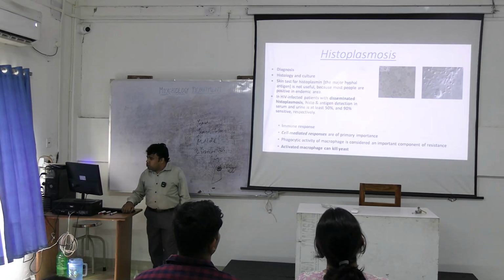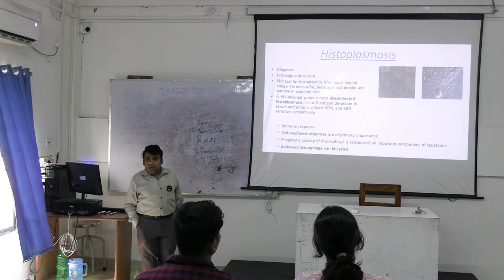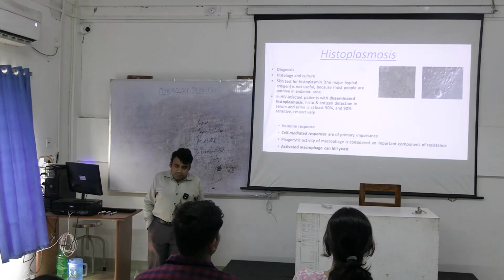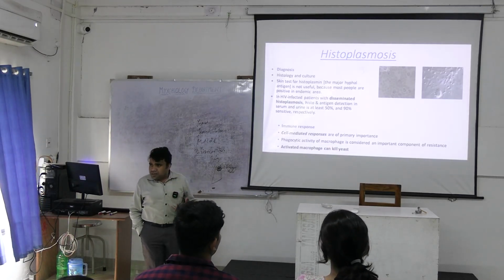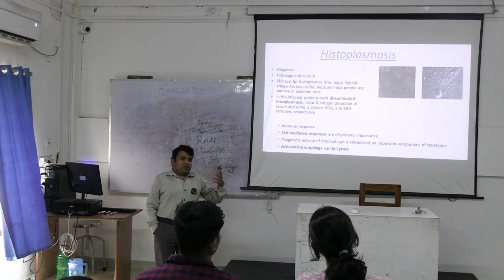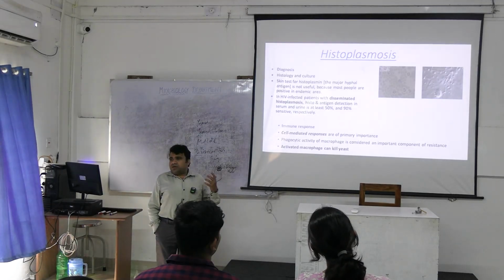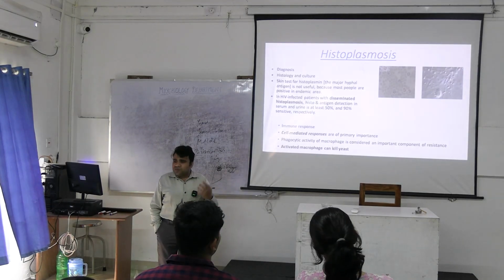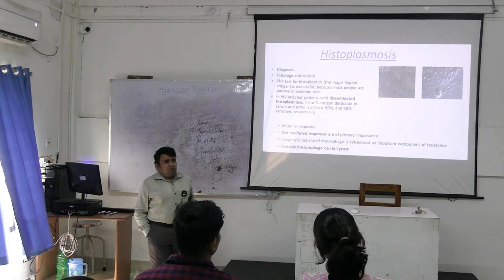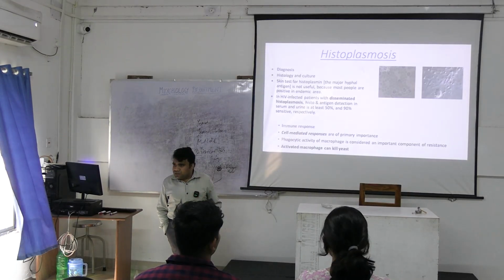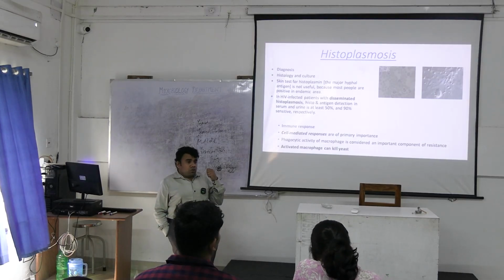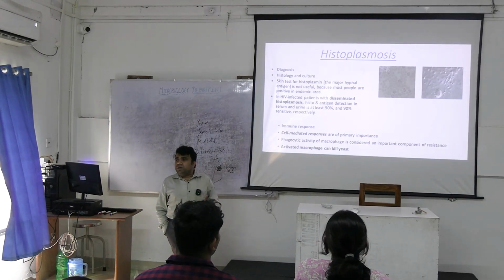Now, an interesting aspect of diagnosis of histoplasmosis is that it's a dimorphic fungus. In the laboratory, we take the clinical sample. Whatever the organ affected, if the lungs are affected, we can take a sputum sample, bronchoalveolar lavage or a lung biopsy sample. If it affects the bone marrow, we can take a bone marrow sample, etc. On those clinical samples, we will observe yeasts.